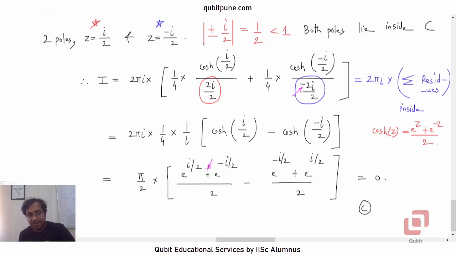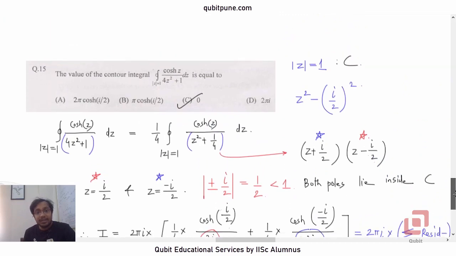For sine hyperbolic, the situation would have been different. So that will give us 0 in the bracket, and therefore the whole integral is also equal to 0.